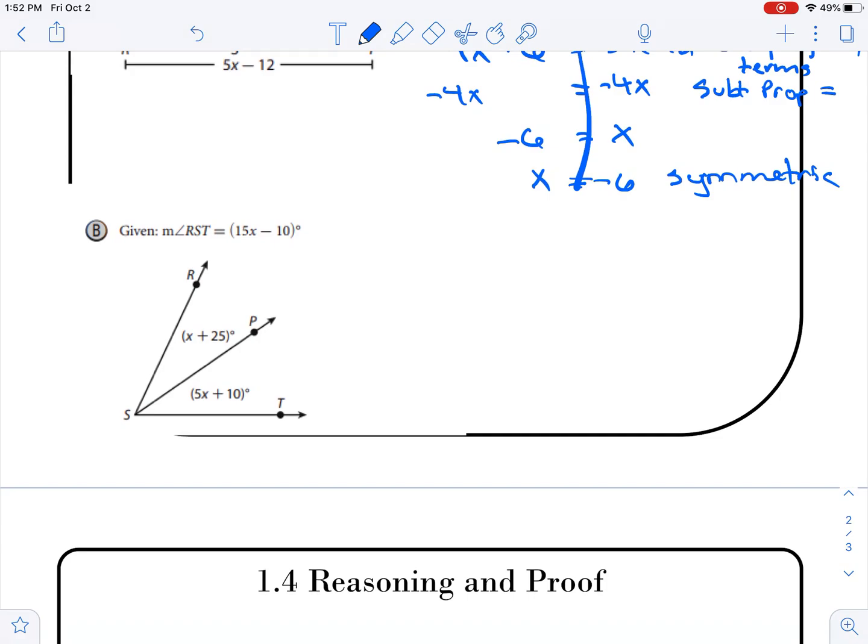If I look at this one, okay, they have RST, this whole angle, equal is right there. So we can say that angle RSP plus angle PST equals angle RST. Again, this would be now the angle addition postulate.